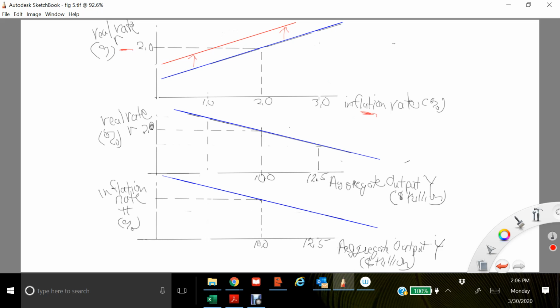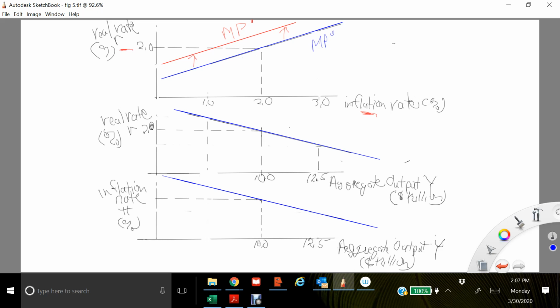So this would be MP1, or prime. This is MP, the original, we could say MP original. We have a shift up in the monetary policy curve.